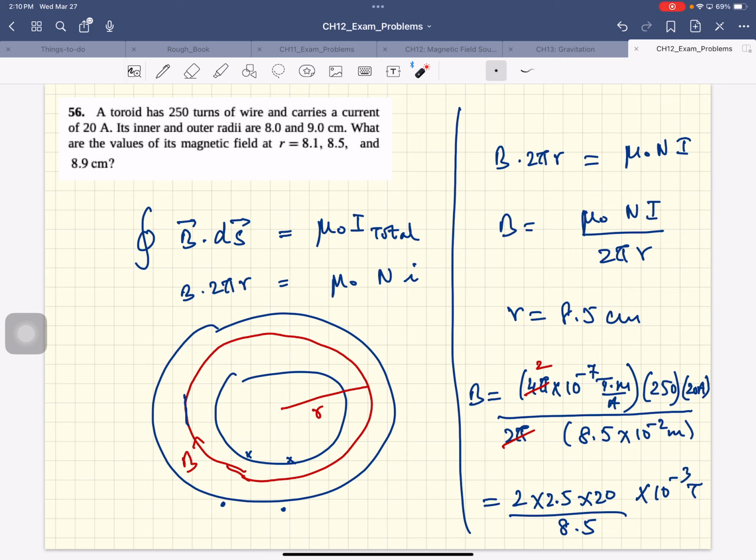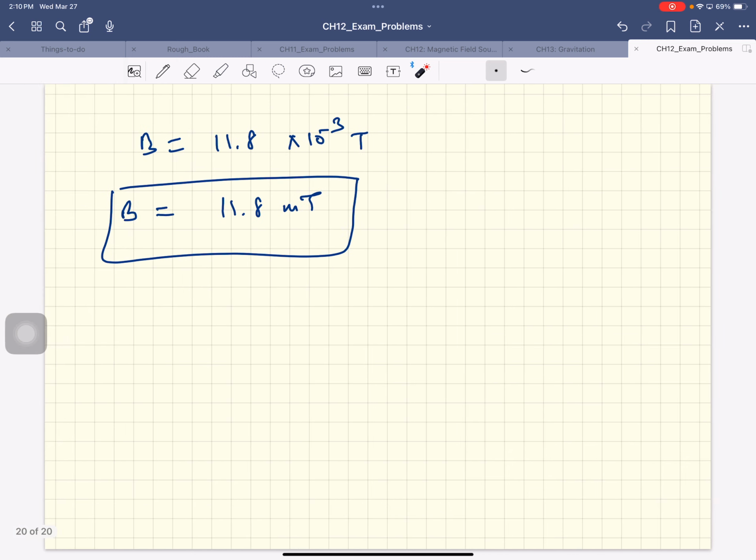The Earth's magnetic field is half a Gauss, which is 5 times 10 to the minus 5 Tesla, so it's about 200 times stronger than the Earth's magnetic field. Okay, so you take a toroid that big, pass a 20 amp current. In those tokamaks, the fields are much, much stronger. All right, guys, so we'll stop.